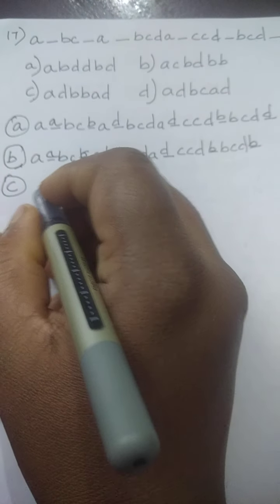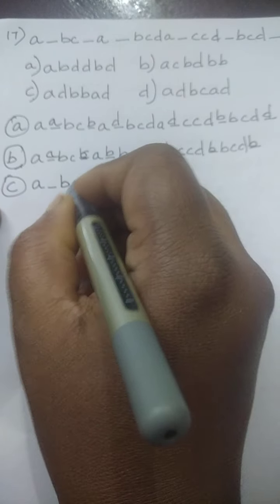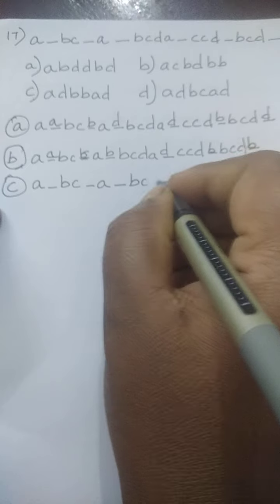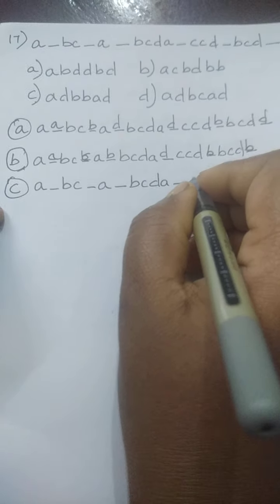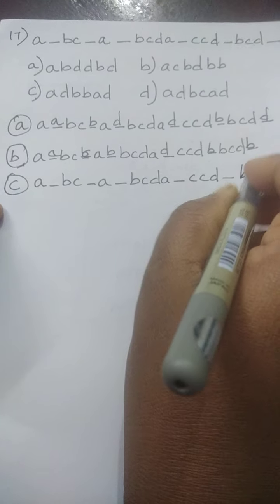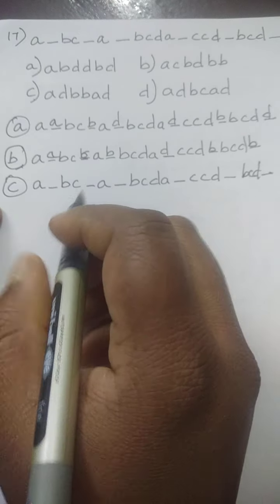Now I am moving to C option. A, B, C, A dash, B, C, D, A dash, C, C, D dash, B, C, D dash. Substitute C option.